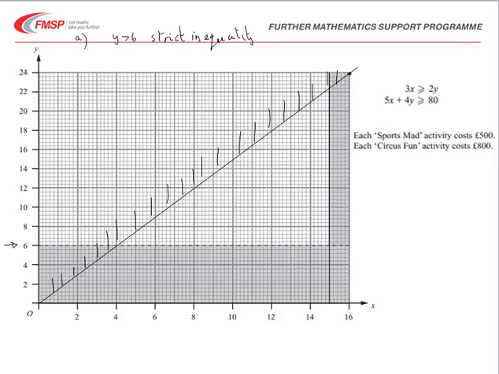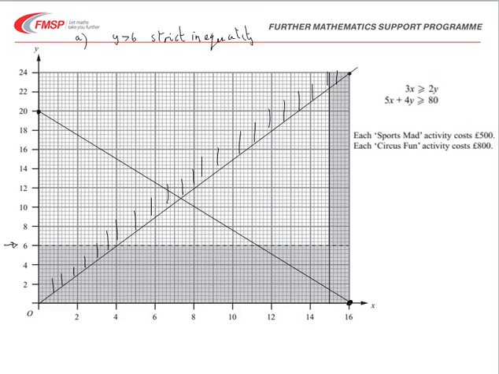The 5x plus 4y is greater than or equal to 80. Well, the easiest way of doing that is to look at points where the line 5x plus 4y equals 80 crosses the axis. So that would be at x is equal to 16, which is here, and at y equal to 20, which is here.